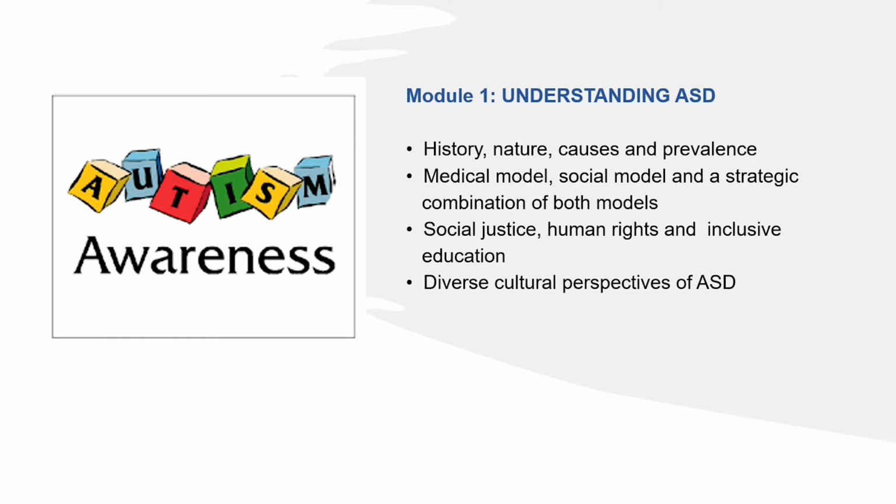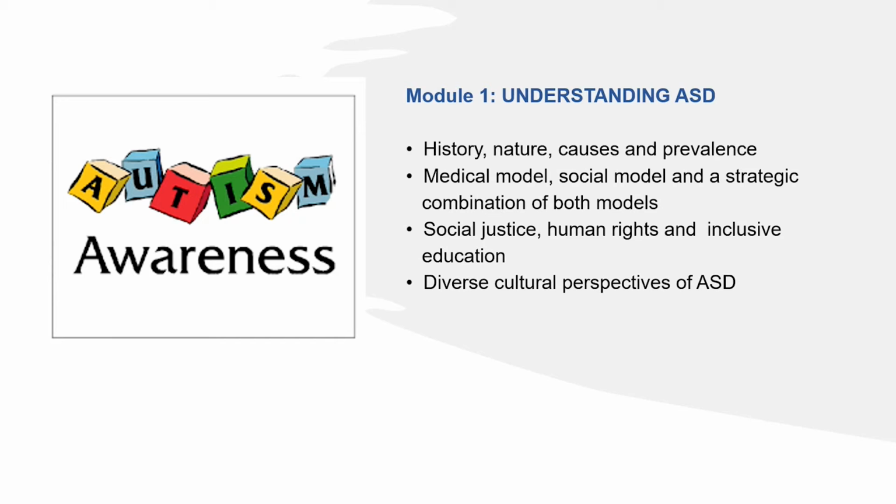In the next section of the module, we discuss the medical model, the social model of disability, and then we promote a strategic combination of these 2 models. So in other words, we argue that we want diagnosis to be followed by intervention and support.